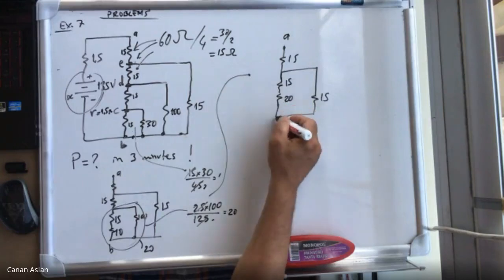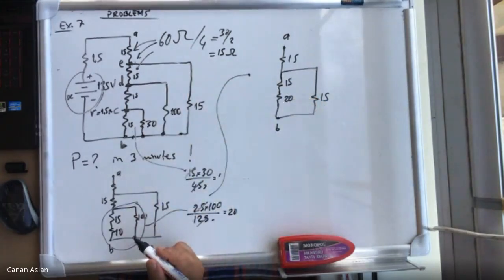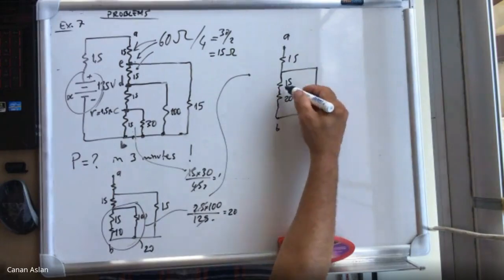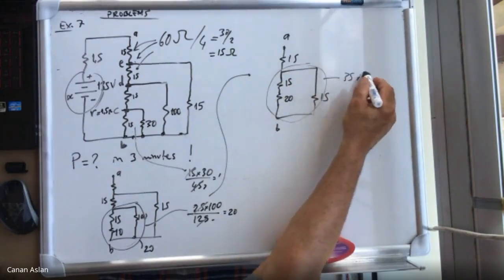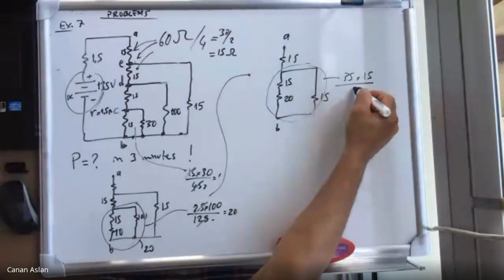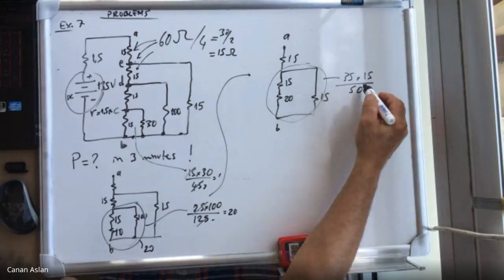That's it. Okay, this is point B. Now 15 and 20 are in series connection, so it's just the sum of the two, 35. So now the whole thing for this one is 35 times 15 divided by the sum, which is 50.